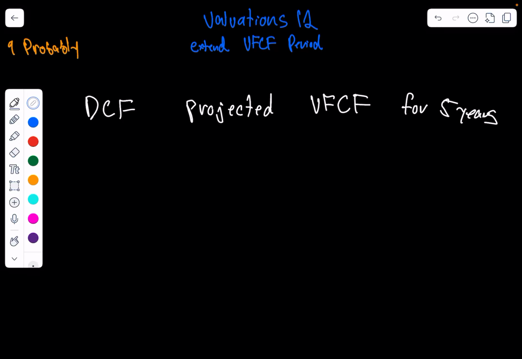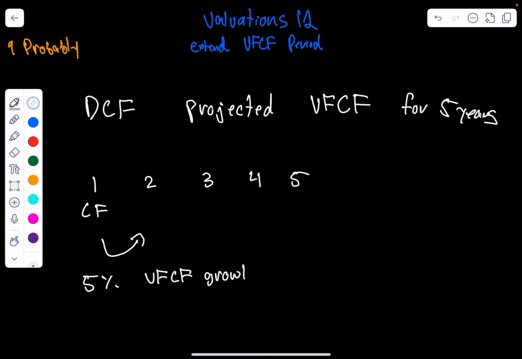So let's kind of go through the basics of a DCF just one more time. Okay? So let's say that we have a period of 5 years, right? And we have a specific cash flow, right? And we're going to grow that by, let's say, 5%, right, per year. This is the free cash flow growth rate.